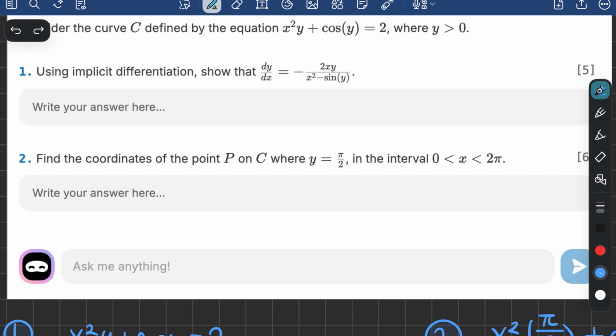And now we want to find the coordinates of the point P on the curve where y equals pi over 2 in this interval. So we might need to check some values to ensure x doesn't go out of this domain. So what we do is we just substitute y back into this original equation and find x.